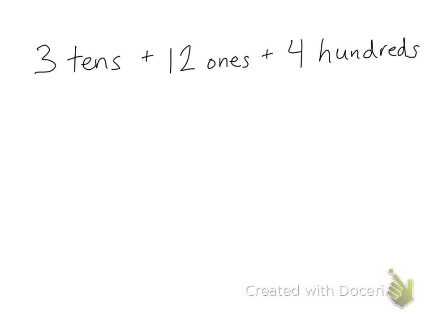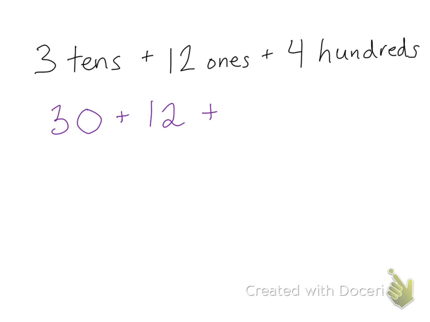Let's try a different problem. So here I have 3 tens plus 12 ones plus 4 hundreds. What is the value of the 3 tens? Well, 3 tens would be the same as 30. What is the value of the 12 ones? Well, 12 ones equals 12. And the value of the 4 hundreds?